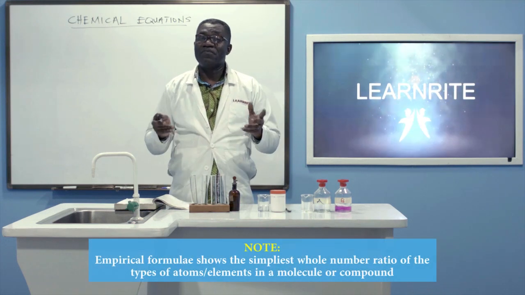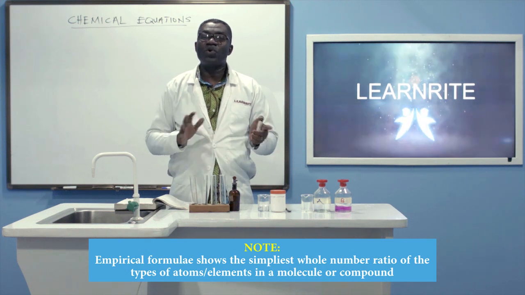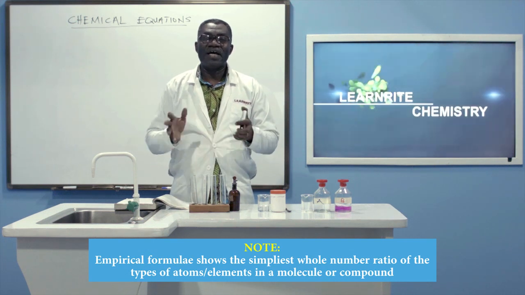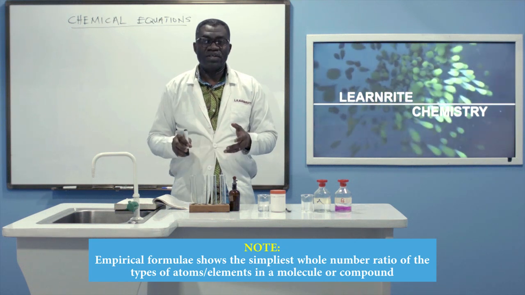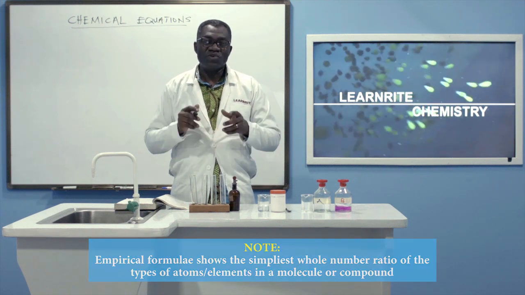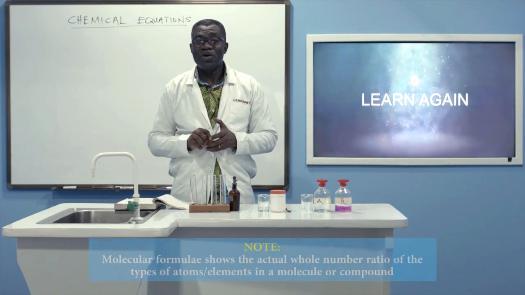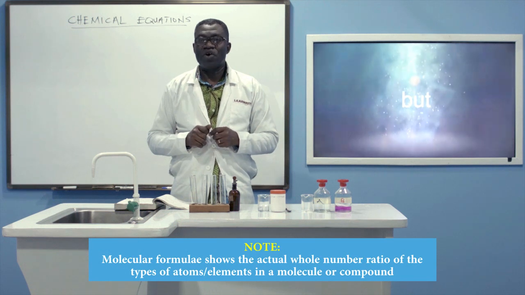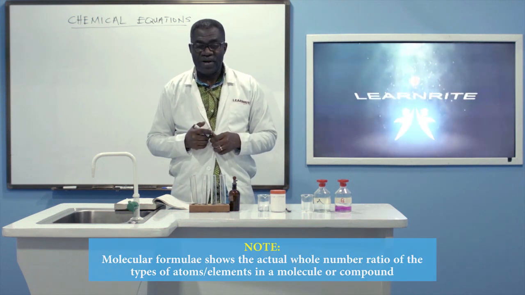We said that the empirical formula was the formula that shows the simplest whole number ratio of all the atoms that are found in a compound or a molecule. The simplest whole number ratio. That may not necessarily be the actual whole number ratio. And so the actual whole number ratio of the atoms in the compound is said to be the molecular formula.